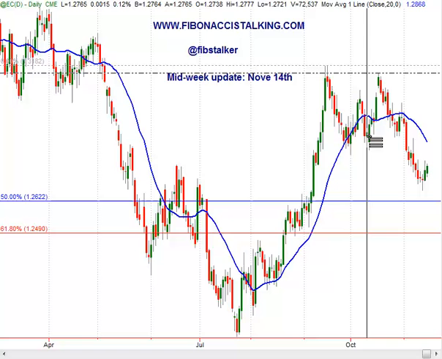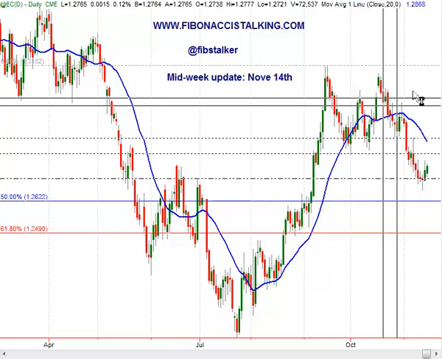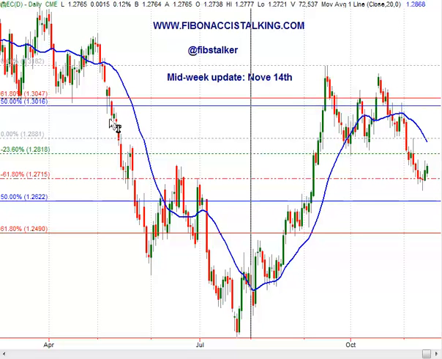The first one with resistance in the 130.20 area, and it touched the first target in 128.20 and then 127.20.